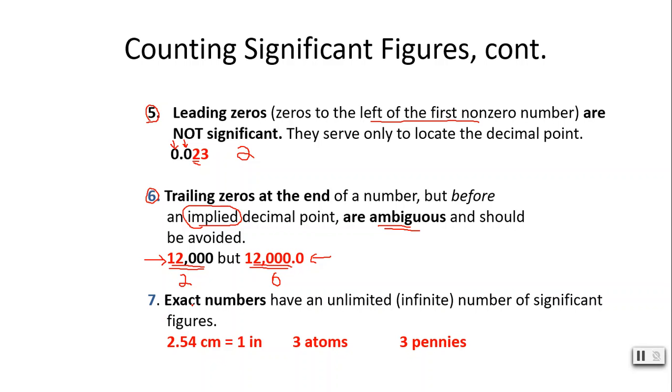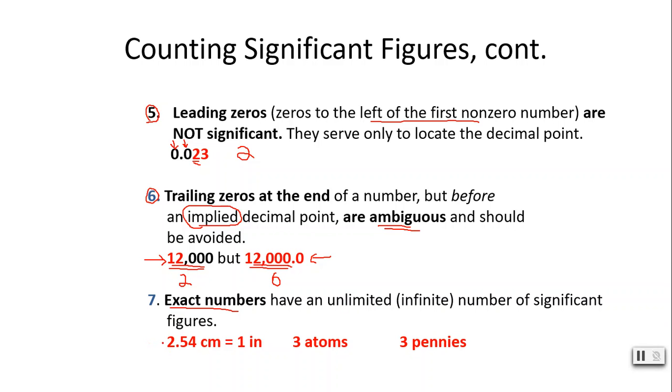And with regards to exact numbers with respect to conversion factors, this will become more important in later videos for Chapter 2 and beyond. But numbers that are part of a conversion, like for example, 2.54 centimeters, 1 inch, or things that you count, like 3 atoms or 3 pennies, those are exact numbers and have an infinite or unlimited number of significant figures.